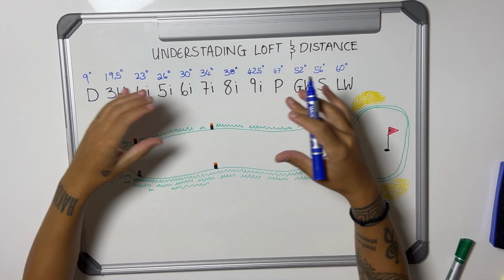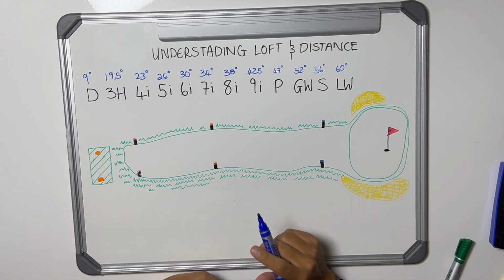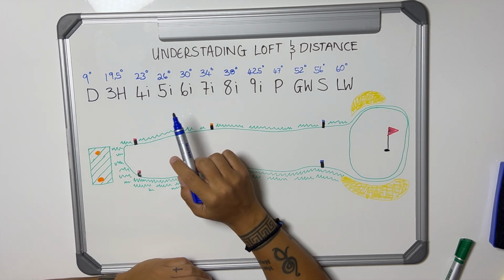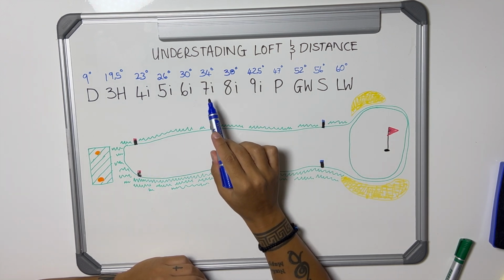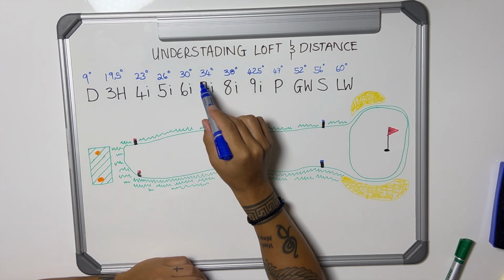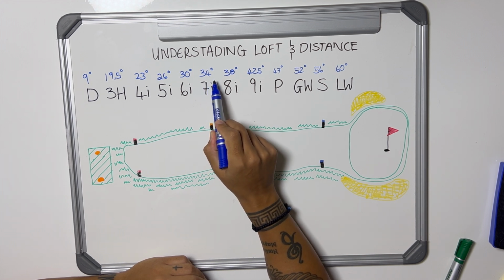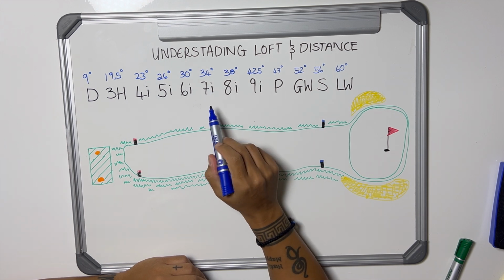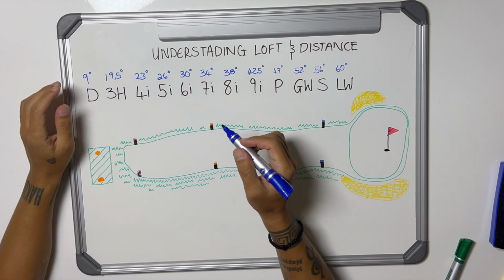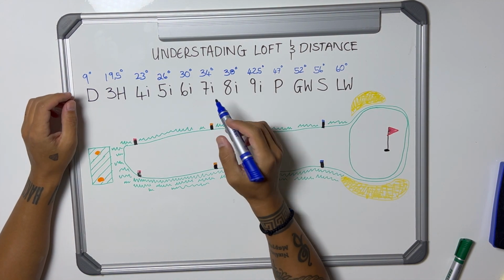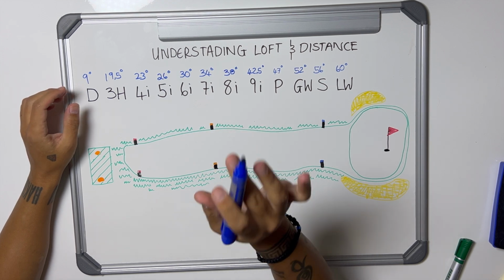Okay, guys, so how do we find our distances here? What we've got to do first is pick a club from all our clubs, preferably the 7-iron to start with, which is over here. As you can see, my 7-iron is at 34 degrees loft. I would suggest you go to the driving range, hit a few balls, and pick out a marker, say a 150 marker.